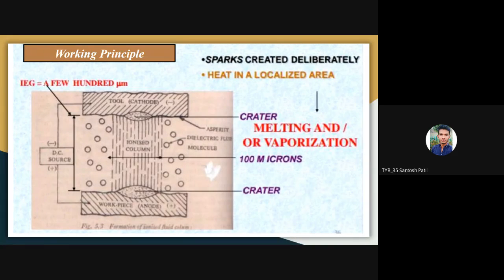Which may be an arc or a spark, and that spark energy raises the localized temperature of your tool and the workpiece to such a high value that it results in melting as well as vaporization of a small amount of metal from the surface of the tool as well as the workpiece, that means from both electrodes, at the point of spark contact.